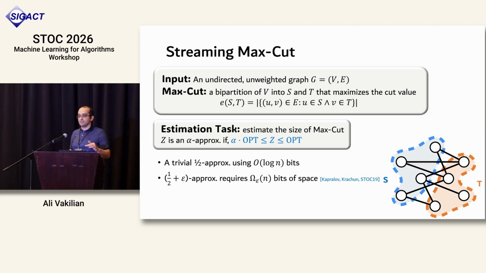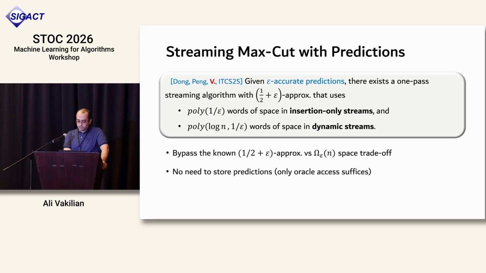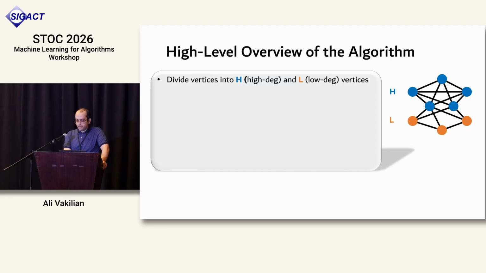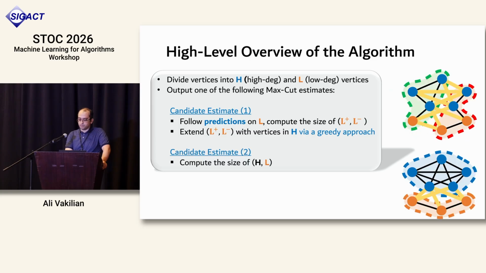So that's the optimum you can do in the classical setting. But we show that if you use this epsilon-accurate prediction, you can get better than half plus epsilon using only poly(1/epsilon) words of space, or in dynamic streaming, poly(log n, 1/epsilon) space. Unfortunately, I don't have time to go over that, but the high-level idea is kind of simple. Maybe I'll just give you the algorithm.